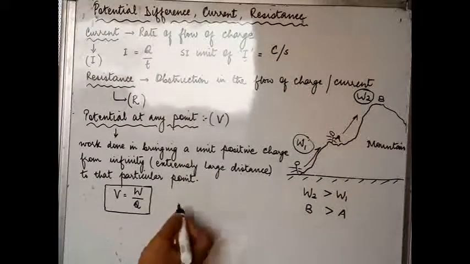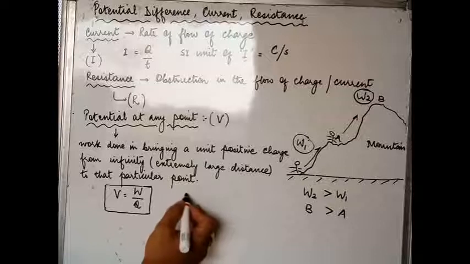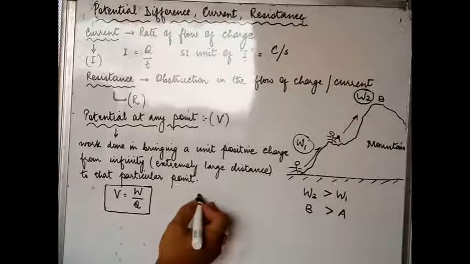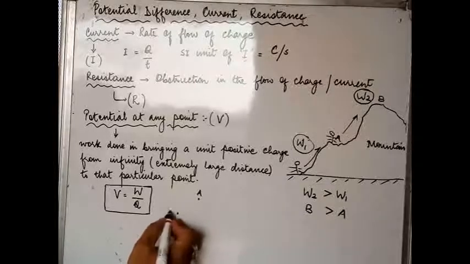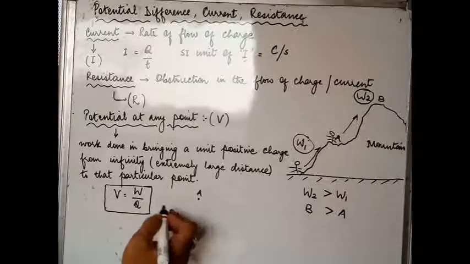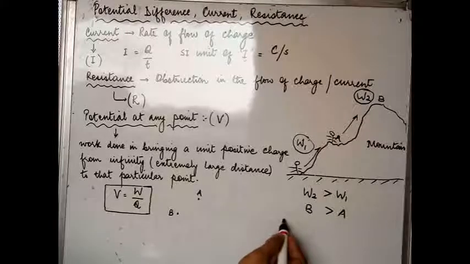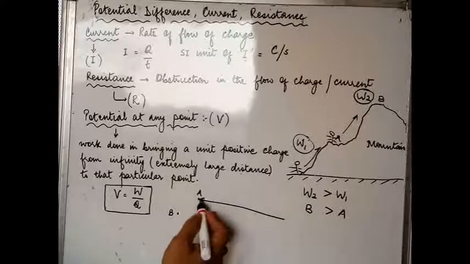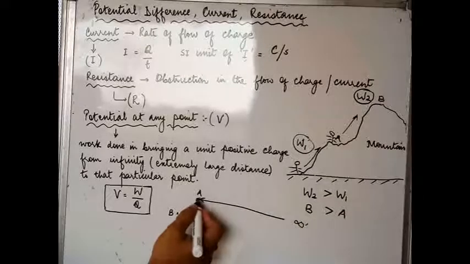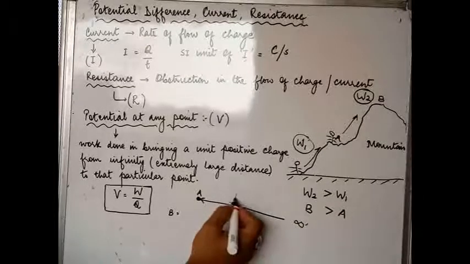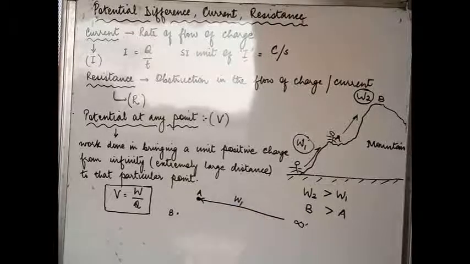So now I hope you have understood. Let me give you a brief example again, a small difference of example. Let's say for example these are 2 points A and B, okay, and I am trying to bring some unit positive charge from infinity, suppose this is infinity, to this particular point A, okay, and my work done is W1.